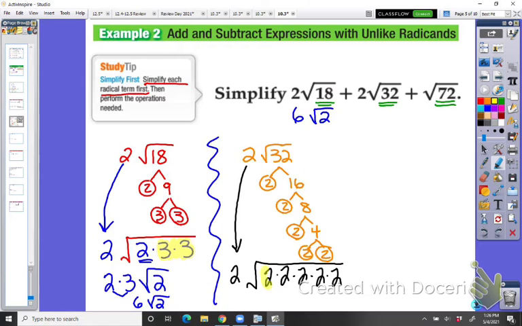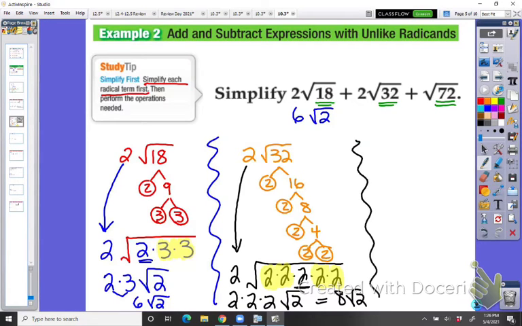You should see two groups of 2s. So that brings one out in the front and another one in the front. And then this lonely 2 stays under. So this is actually 2 times 2 times 2, which is 8 root 2s. And we're adding, so plus 8 root 2.